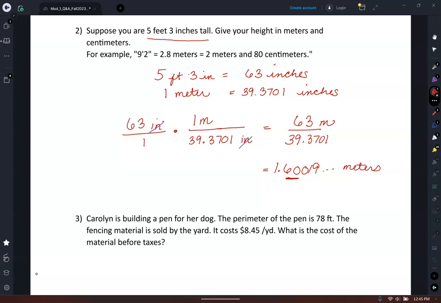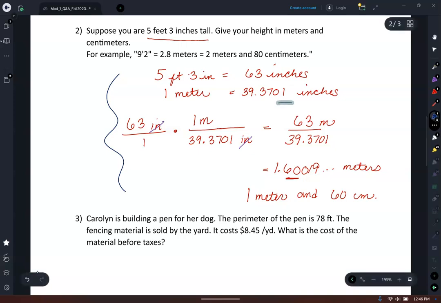That's what I want. So it would be 1 meter and 60 centimeters for my answer. And just to be clear, I have some rounding issues there because I'm using a truncated version of the conversion.